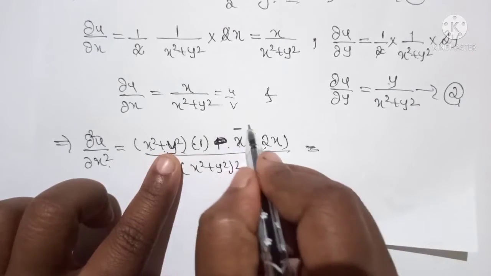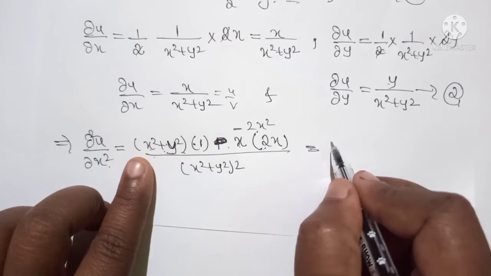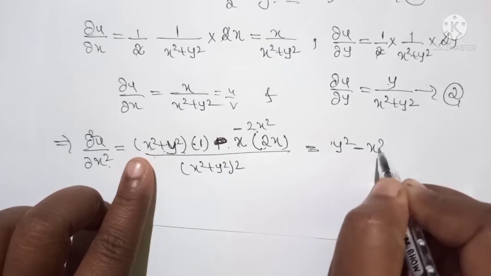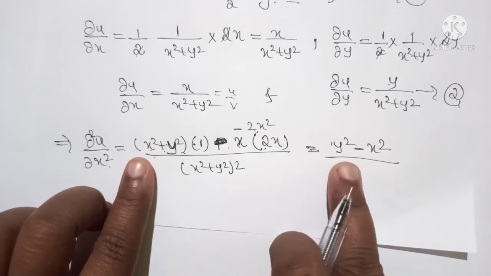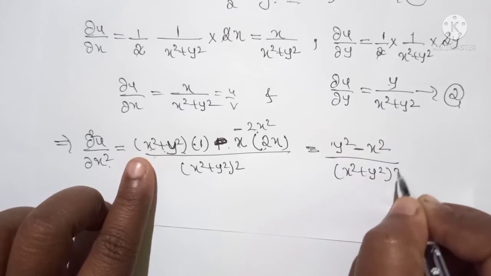So minus 2x square plus x square equals minus x square, that is we get y square minus x square. So after simplification we get y square minus x square, denominator x square plus y square whole square as it is.